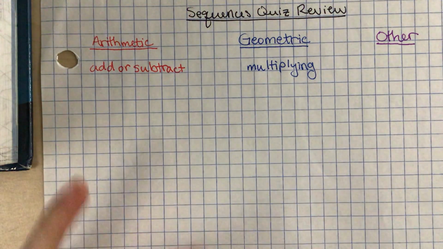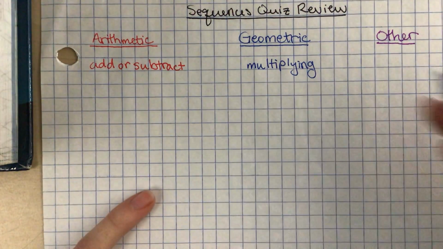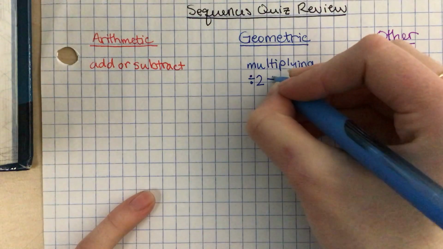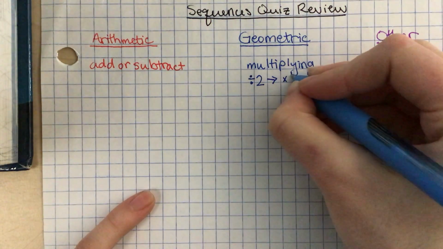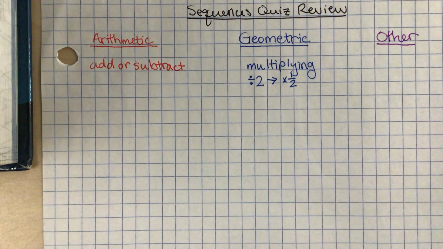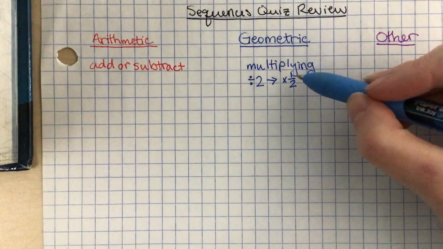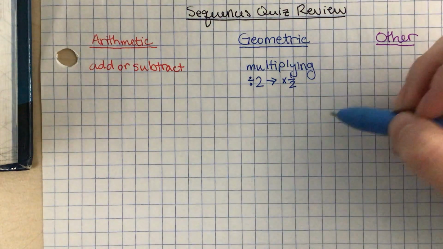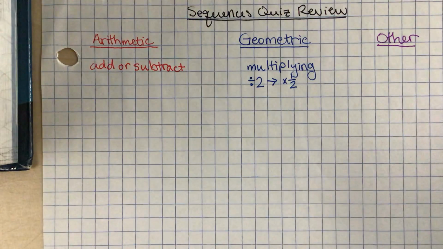So when you think of having divided by 2, we really want to take divides 2 and change that into multiplied by 1/2. So if you have something that's divided by 3 or divided by 5, really those are just the fractions of 1 over whatever number you said you were dividing by each time. Okay, so that's the differences between arithmetic and geometric.